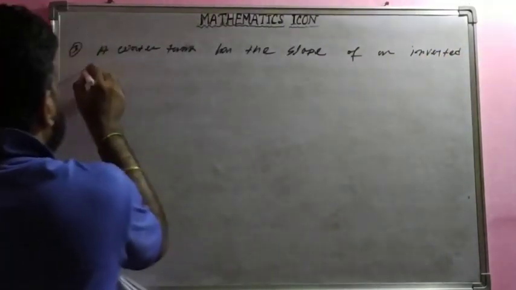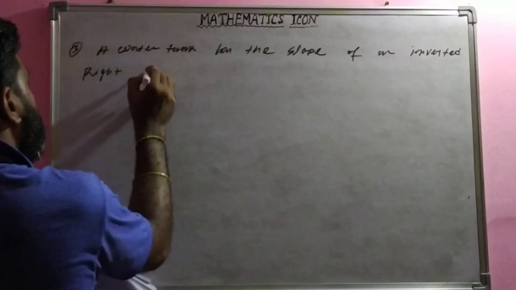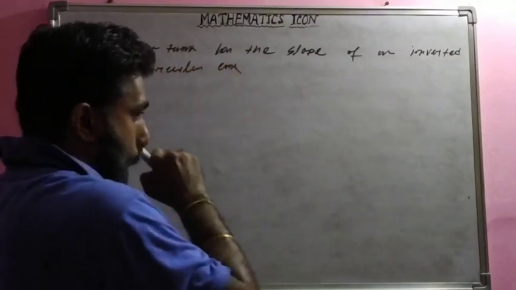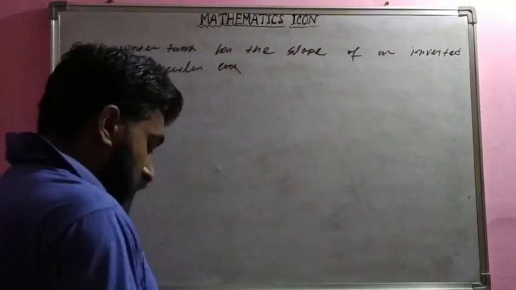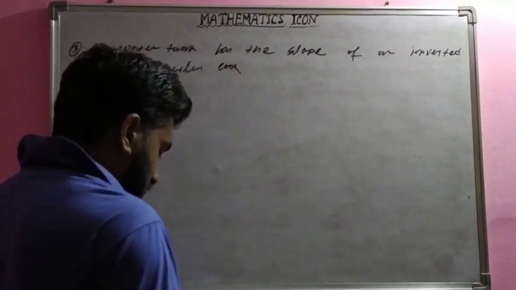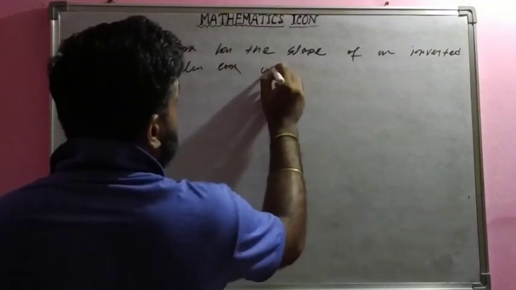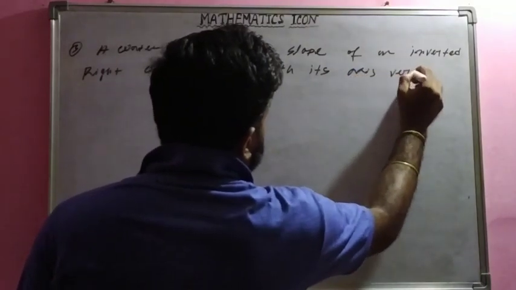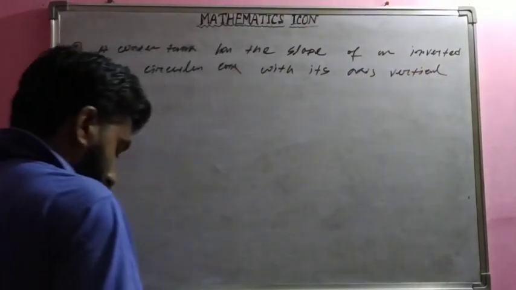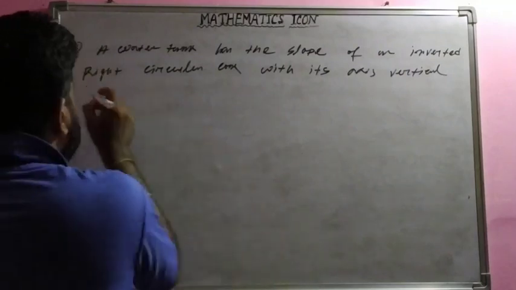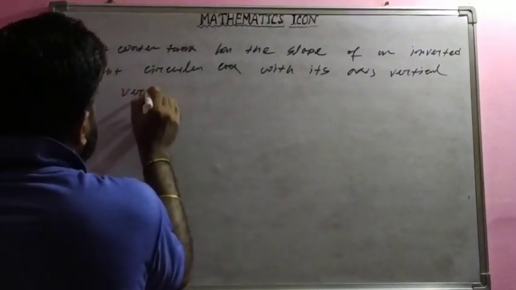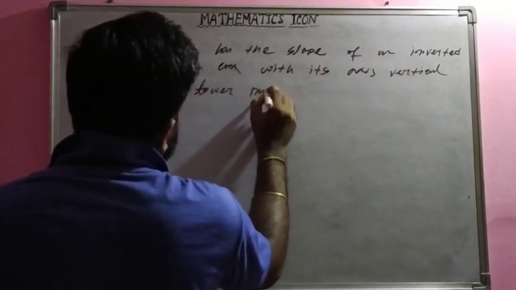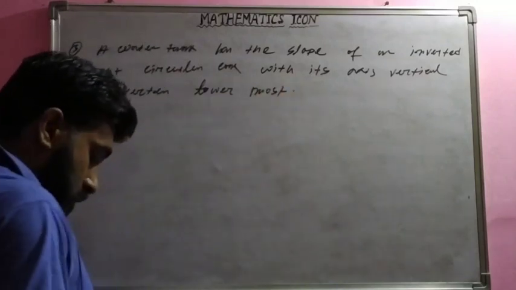Right circular cone with its axis vertical, that means with vertical axis, and vertex lowermost, that means the vertex is at the bottom, lowermost, right at the corner, okay.